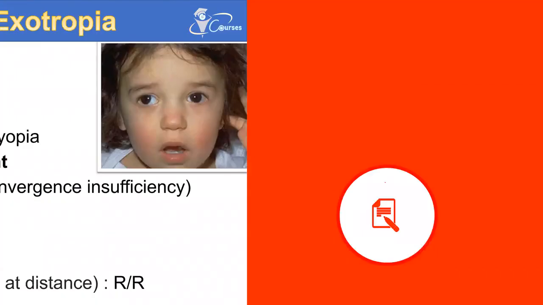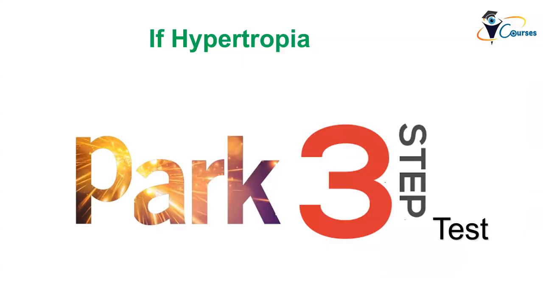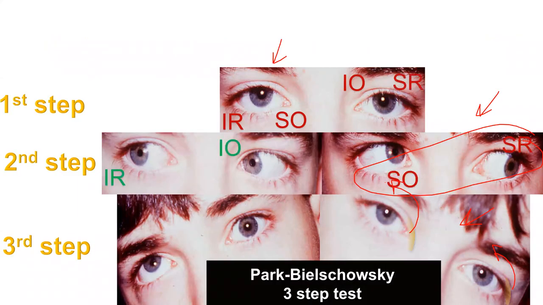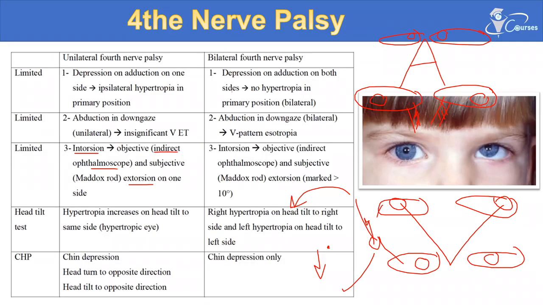Okay, let's continue the other tests for the fourth nerve palsy. By Maddox rod, in case of fourth nerve palsy, there will be marked extorsion, which is more than 10 degrees. Head tilt: if we do head tilt to the patient, we can see that the hypertropia increases on the same side.